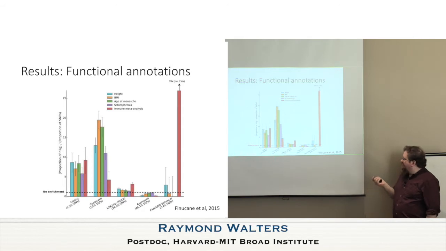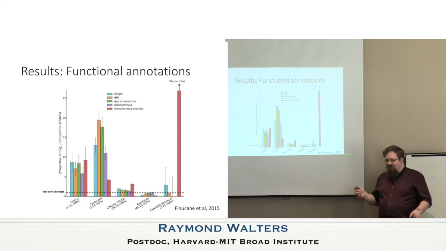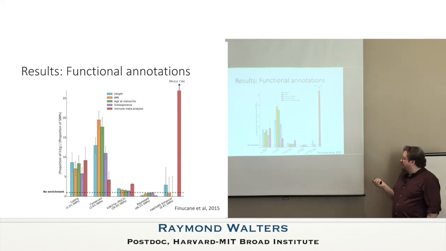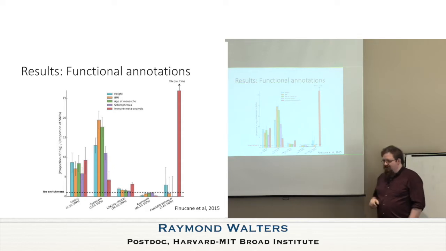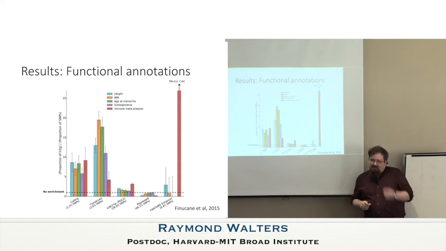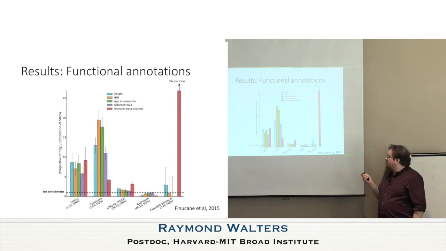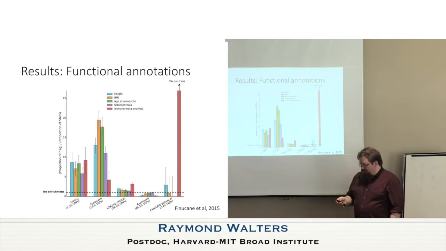But these aren't saying there's zero heritability here, just that it's less than the genome-wide average heritability per SNP. And then, more hypothesis-driven, there's this class of enhancers called FANTOM5 enhancers that are expected to be related to immune traits, and indeed they showed strong enrichment in a meta-analysis of different immune phenotypes.